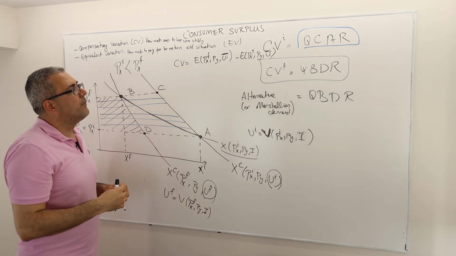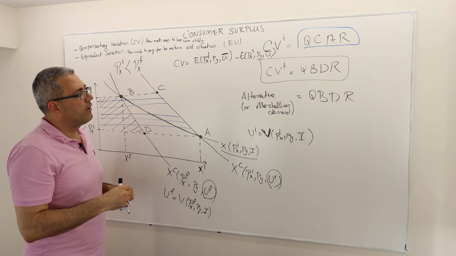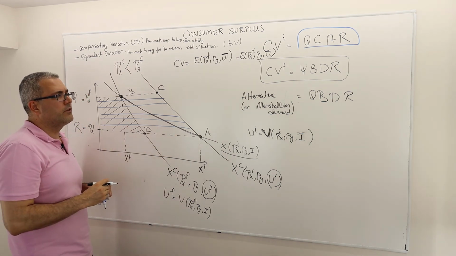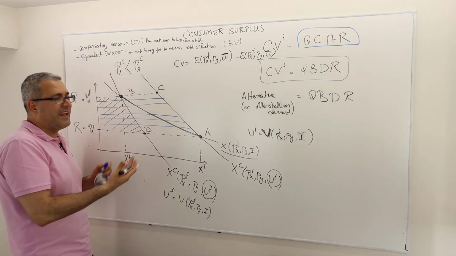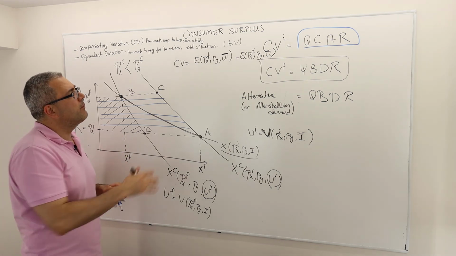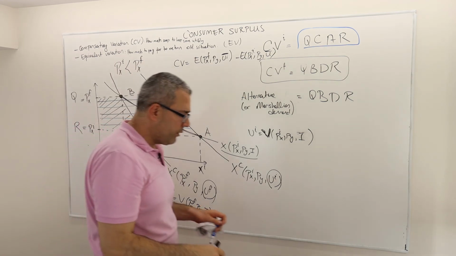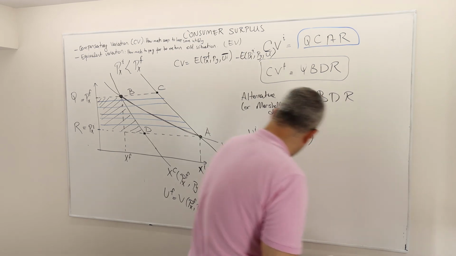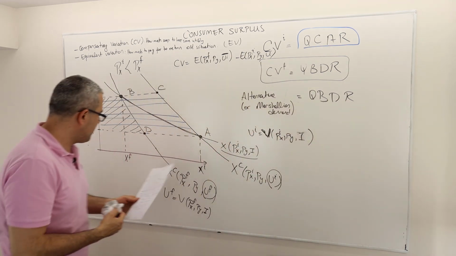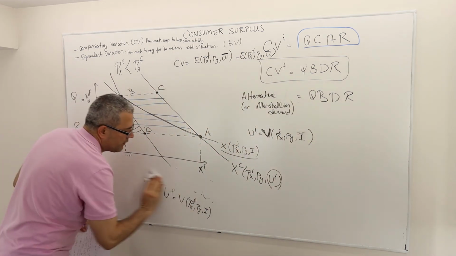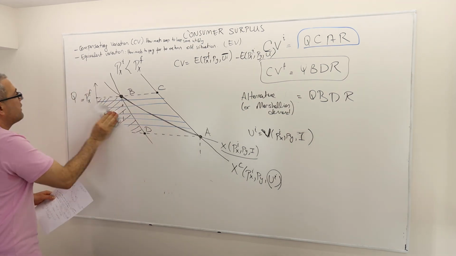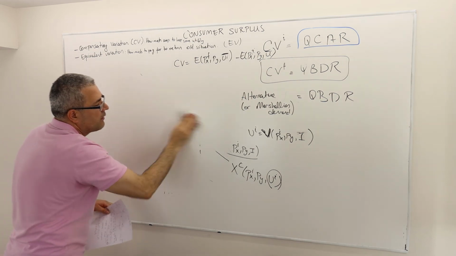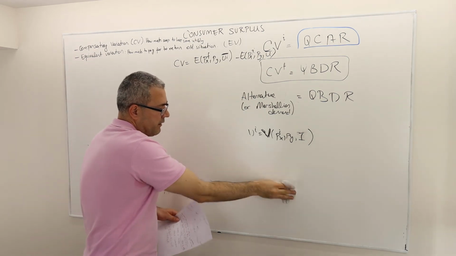So that's the idea. Therefore, using the Marshallian demand curve is somewhat taking the average of these two. Remember, this is what we call compensating variation. But there is also a concept which I haven't formally defined, the equivalent variation. This big area is what we call equivalent variation.